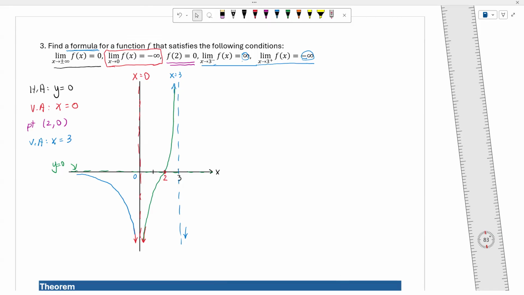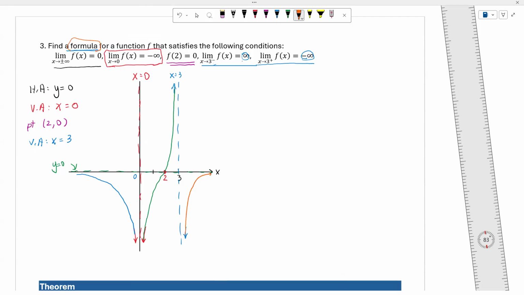In the last portion, the function is increasing, but it will stay below the line y equal to 0. Okay. Then let's see how we actually find the formula now.